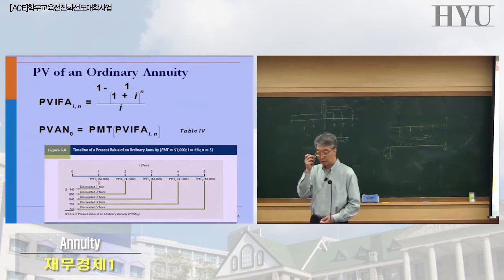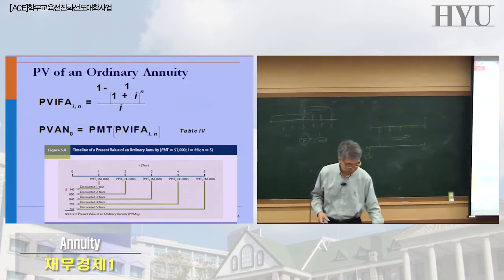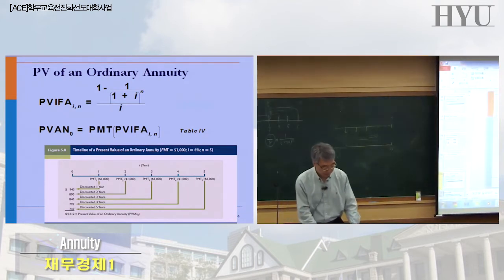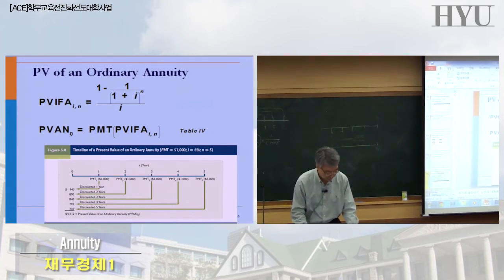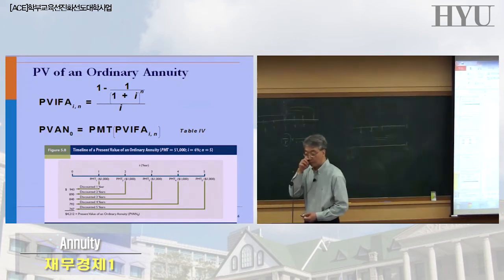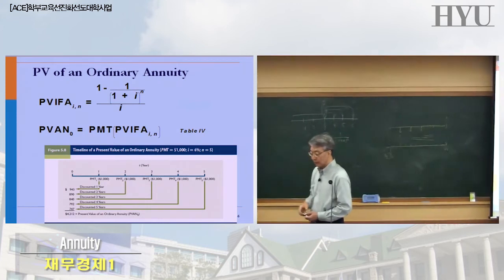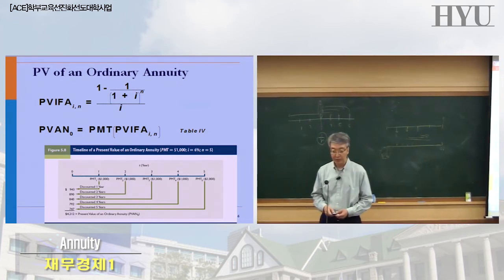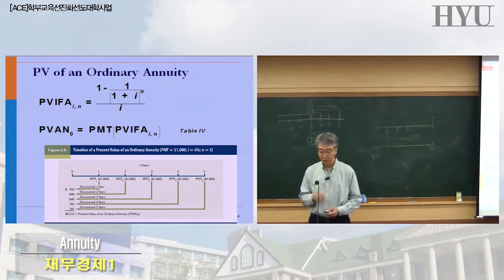Why? Make sure you understand why the present value of annuity is smaller than the total amount of payments you made, right? Because, again, the time value of money, right? $1 today is worth more than $1 tomorrow, right?